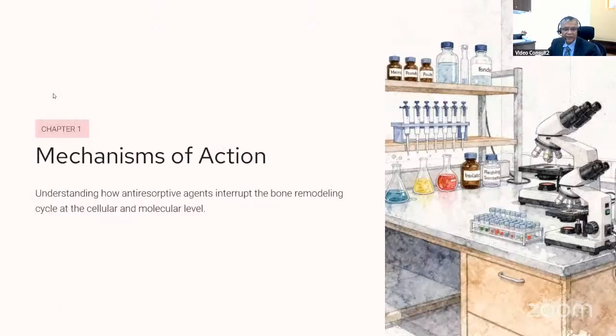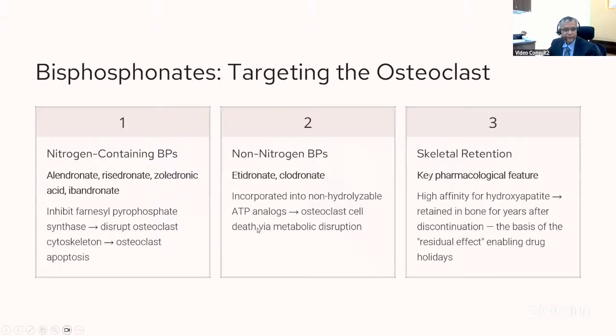Now, mechanism of action, for us to understand how an antiresorptive agent interrupts the bone remodeling cycle at cellular and molecular level. The bisphosphonates target the osteoclast. We have nitrogen containing bisphosphonates and non-nitrogen containing bisphosphonates. The nitrogen containing bisphosphonates are alendronate, risedronate, zoledronic acid, and ibandronic acid.